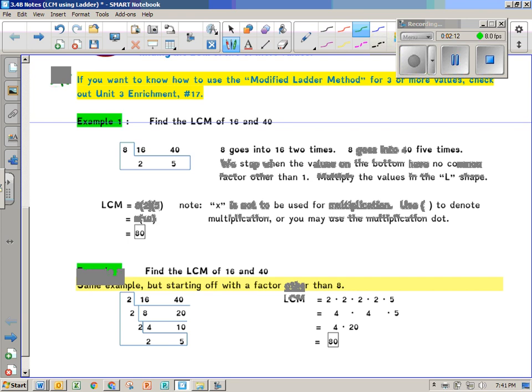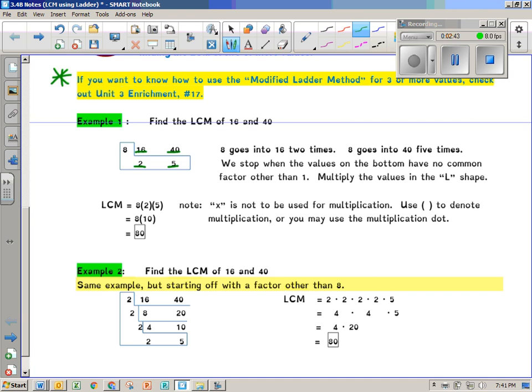So to find the LCM of 16 and 40, we did this before, except when I did it before, I did it with GCF. It comes from the same notes, the same ladder. I factored out an 8. It went into 16 twice, and into 40 five times. Again, my ladder is finished when the bottom, the horizontal part of the ladder, has no common factors other than 1.